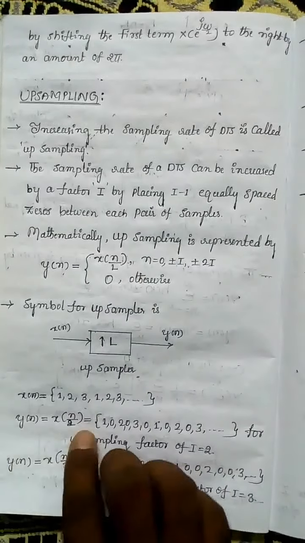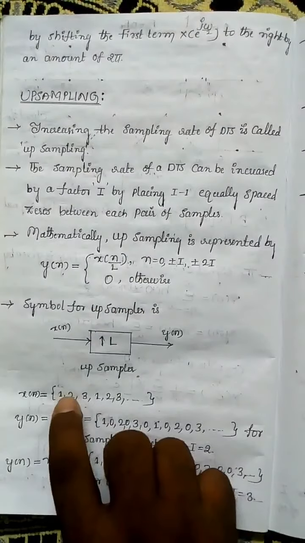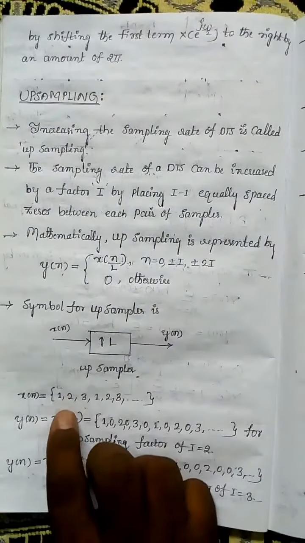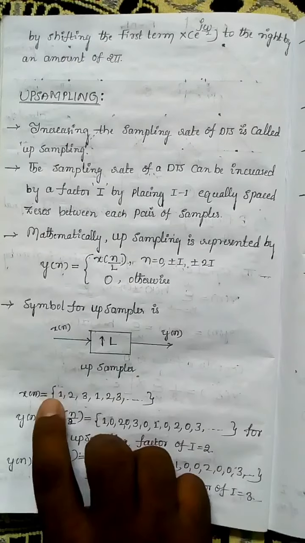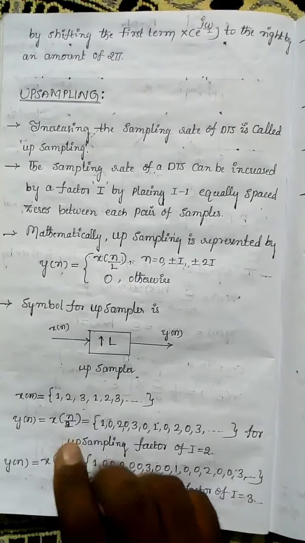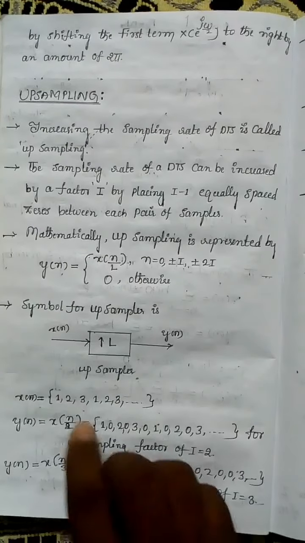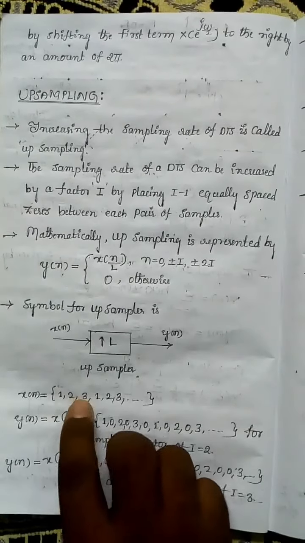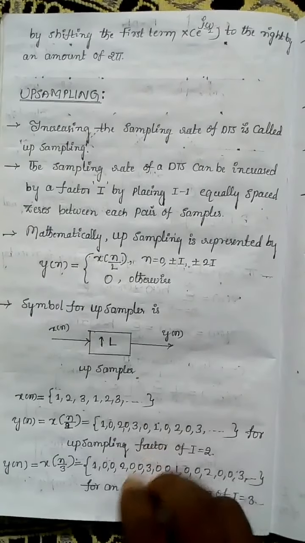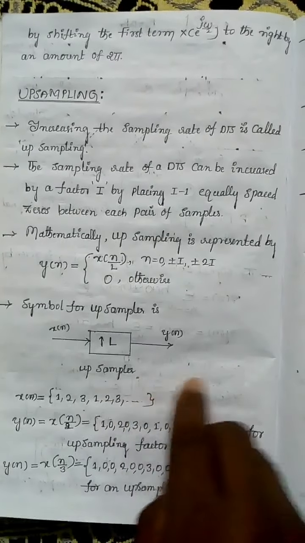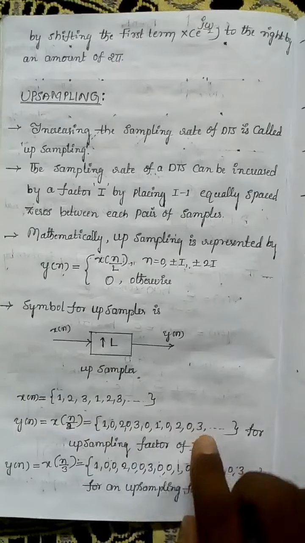To increase the samples from this sequence, in between 1 and 2 you simply put a 0. That means samples are increased. Clear? After 2 a 0, after 3 a 0, after 1 a 0, again after 2 a 0, after 3 a 0, after 1 a 0. This is continuous processing.